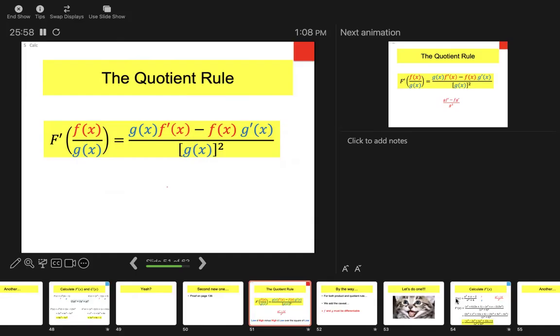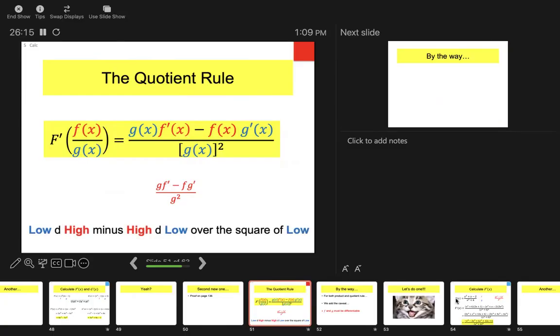All right, so how are we going to remember this one? This is as simple as it gets if you want to write it in really simple code. The book recommends that you remember it in the following manner. I don't know if this is helpful for me, but maybe it's helpful for you. They say low d high minus high d low over the square of the low. So what does that mean?